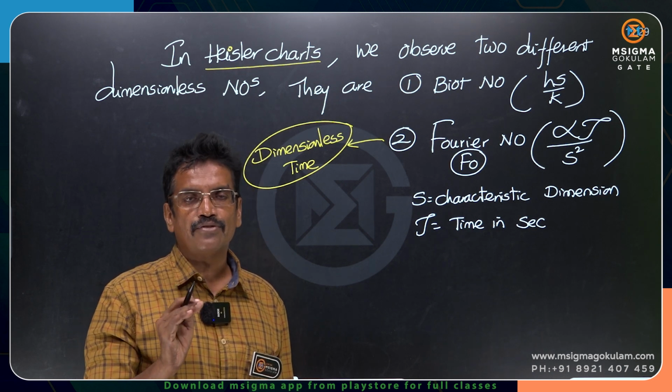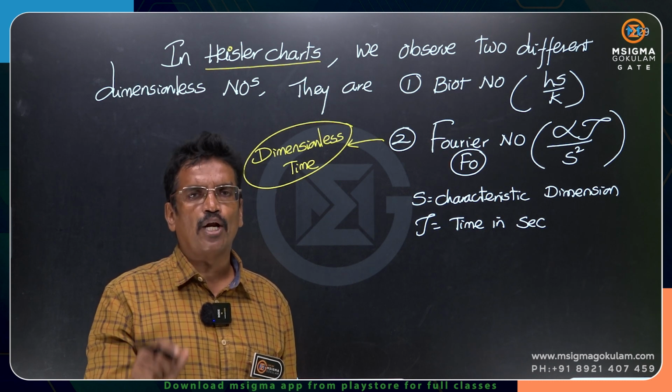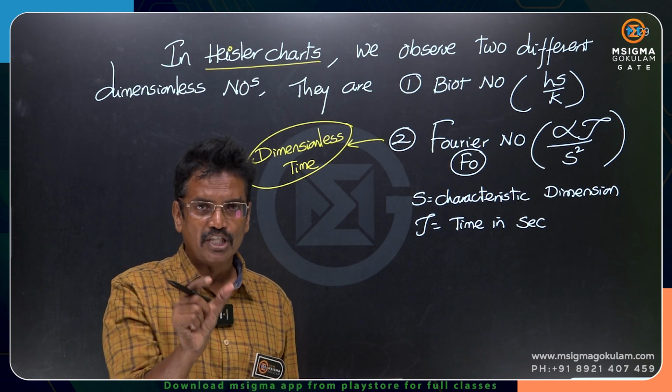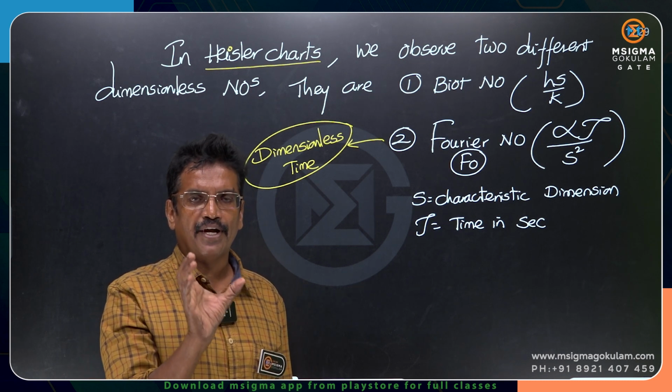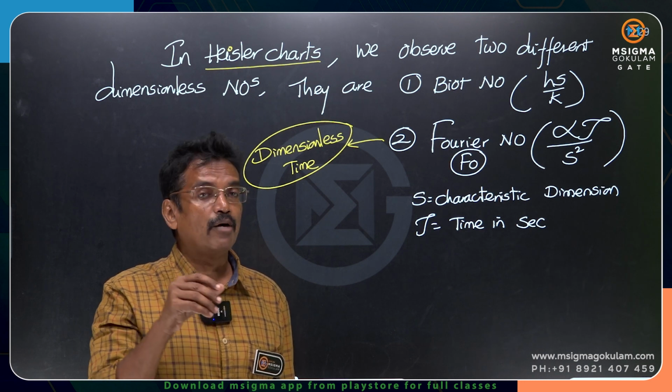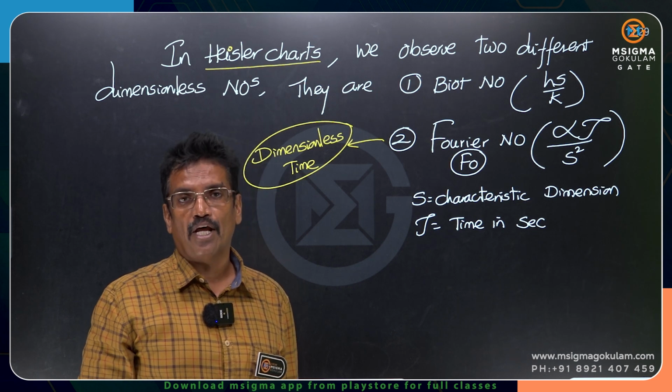Generally, lumped heat analysis will be valid for small sized thin plates, slender rods, and small sized spheres. The sphere need not be very small. Suppose you take a 5 centimeter diameter spherical ball made of copper exposed to air, still lumped heat capacity analysis is valid.